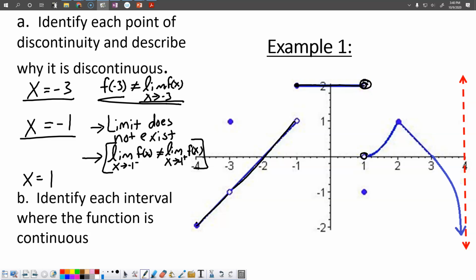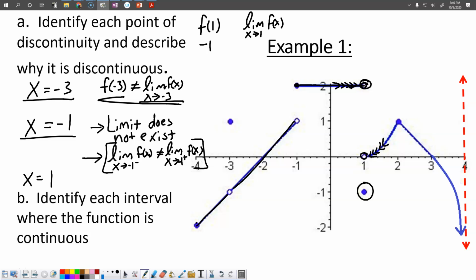Now, as you can see, the value of the function exists at 1. We do have a y value there. F of 1 is -1. But the limit doesn't exist. Why does the limit not exist? Because as I approach 1 from the left and as I approach 1 from the right, I don't get the same y value.